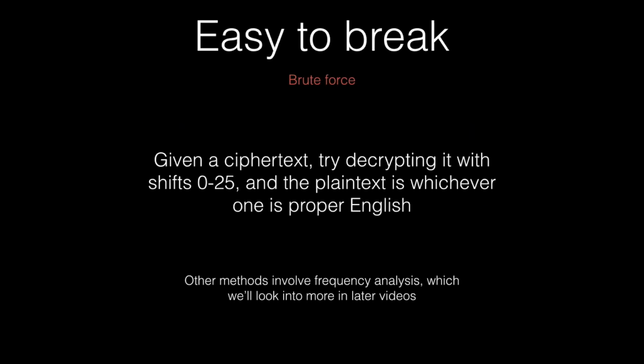Now, I also said that the cipher is very easy to break. The Caesar cipher is breakable by one of the most simple forms of attack, and that is a brute force attack.